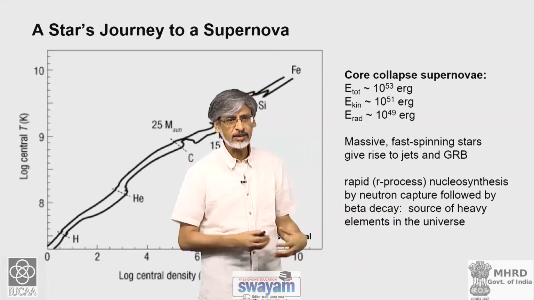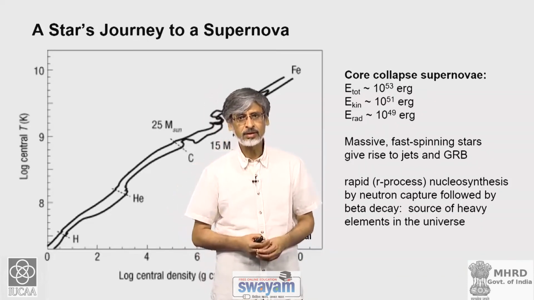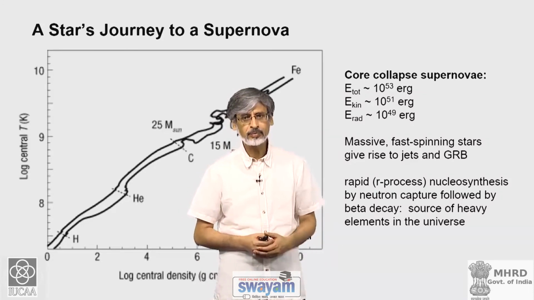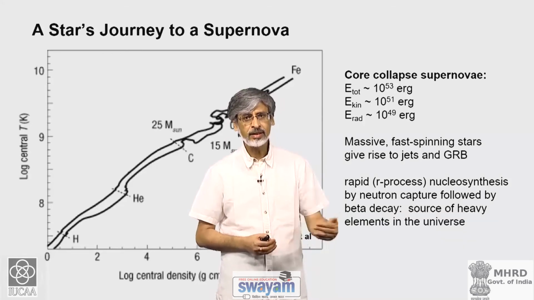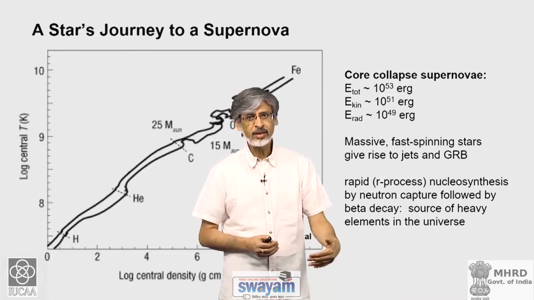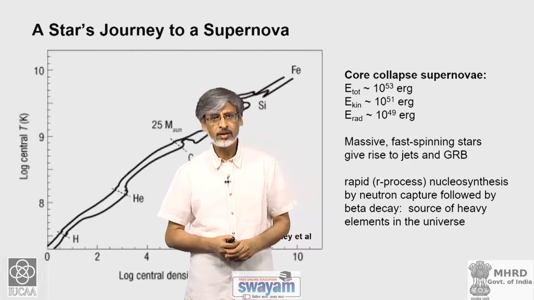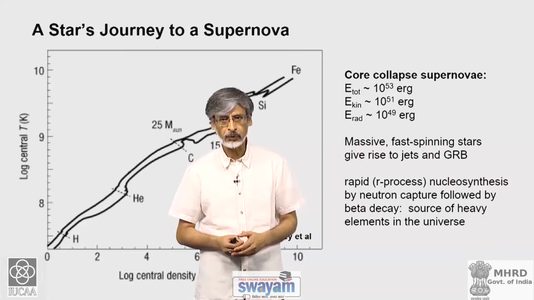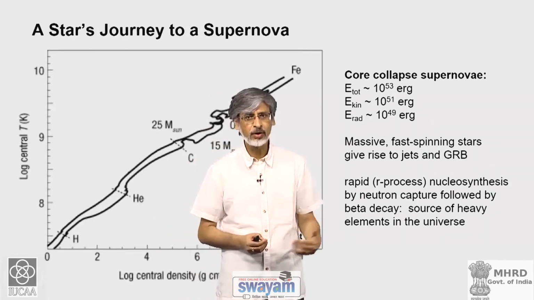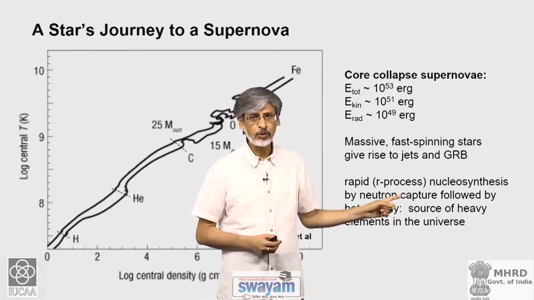A large number of neutrons are captured one after another, and by that the mass number of the nucleus is changed dramatically, and then the nucleus undergoes beta decay, and in the process of beta decay it produces various stable elements which are much heavier than the iron that was initially produced in the stellar core. So, one of the major sources of heavy elements beyond iron is supernovae.